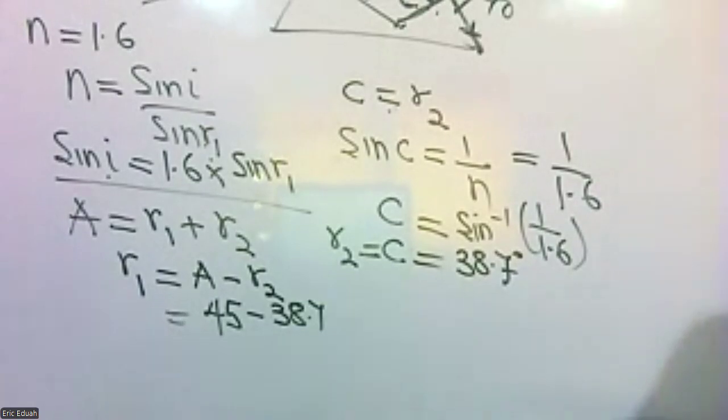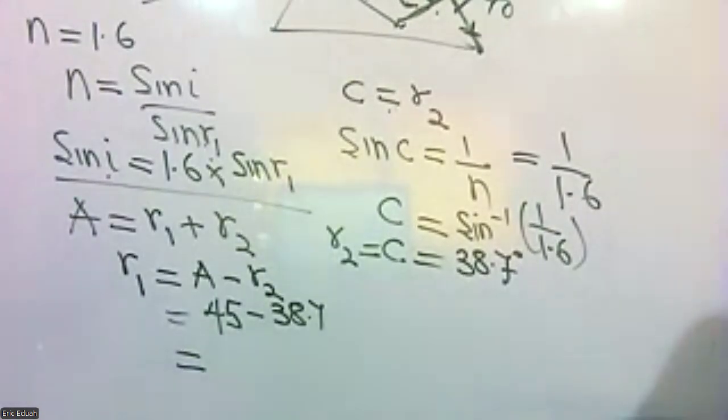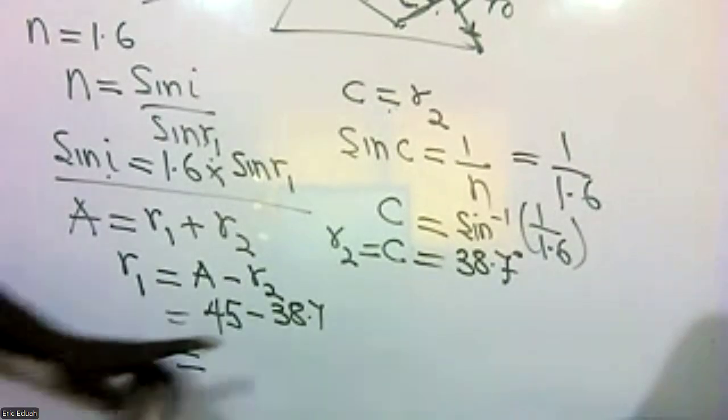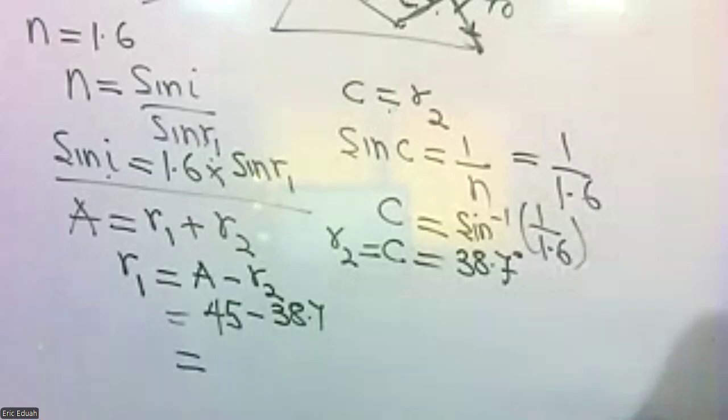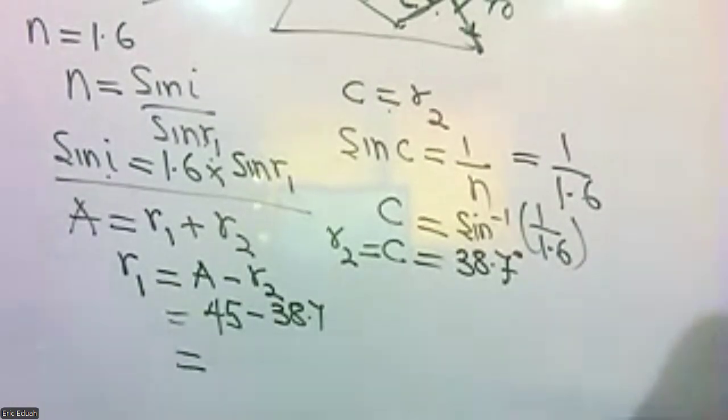That's the value of R1. So what would be the value of R1 here? When you subtract 38.7 from 45, 6.3.